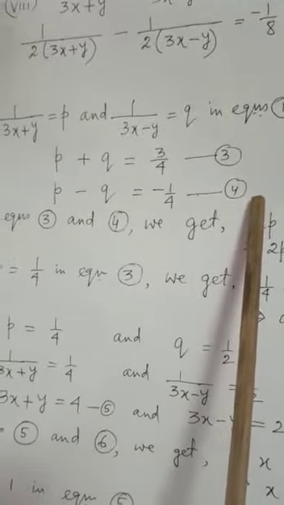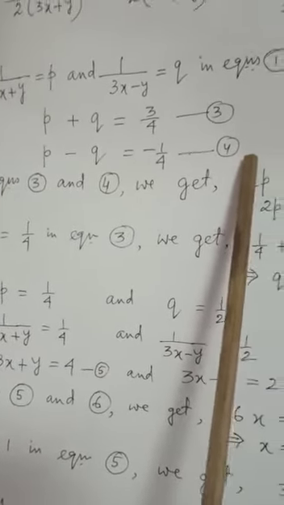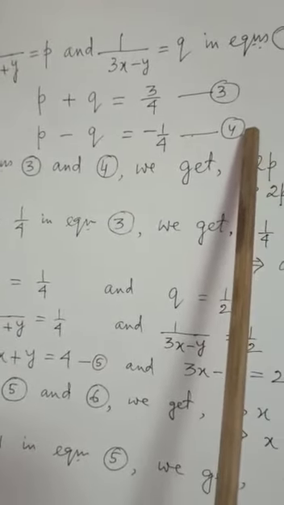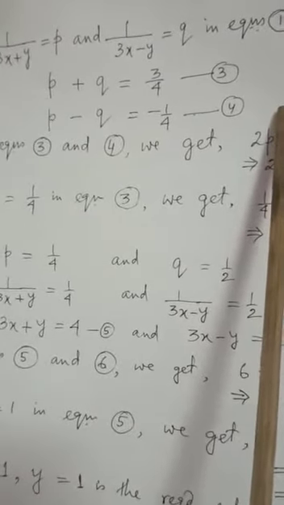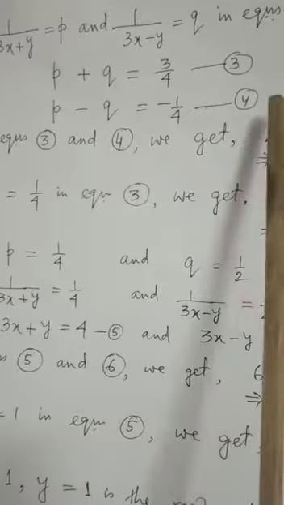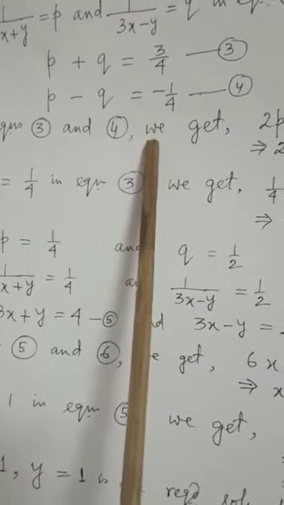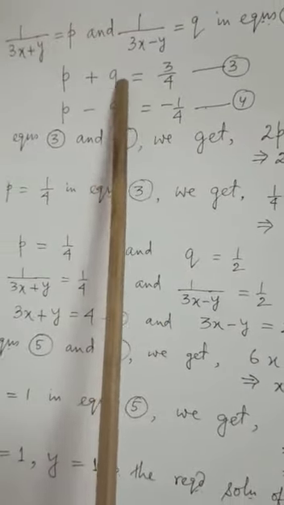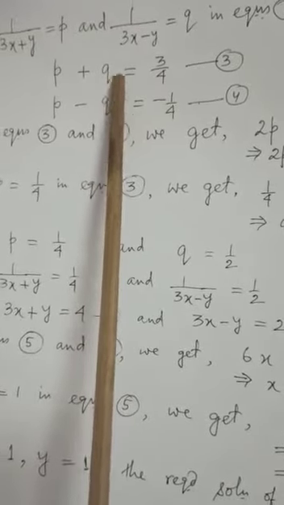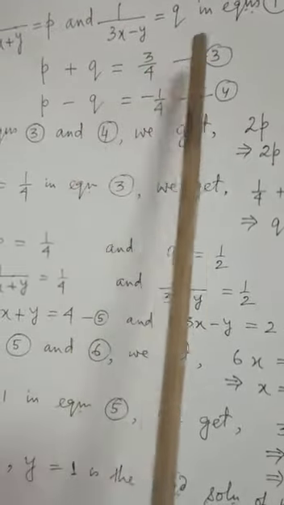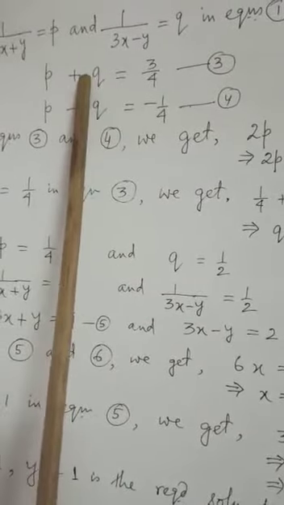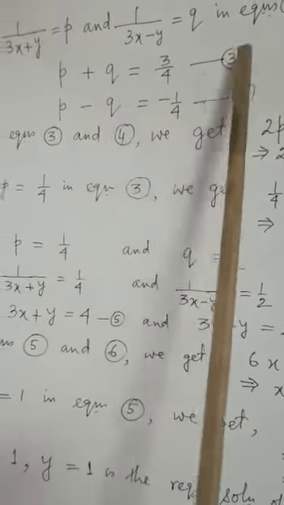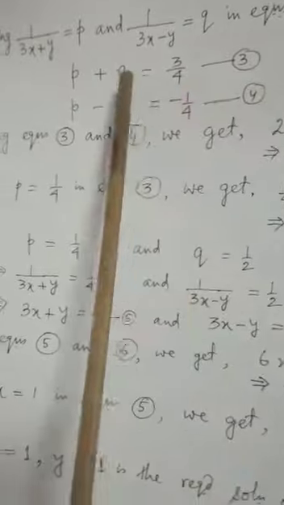Now we have to solve for p and q, and to solve for p and q we have to apply any of the three algebraic methods, and here we are applying the elimination method. And we have decided to eliminate q because here q in both the equations has opposite signs, plus and minus, so we have to add these two equations to eliminate q.